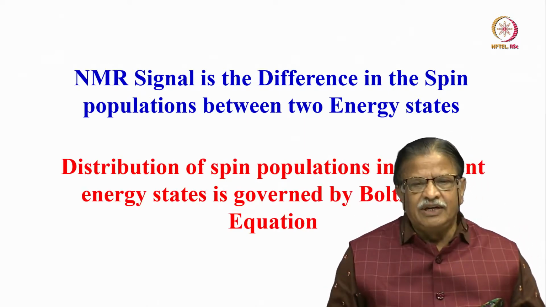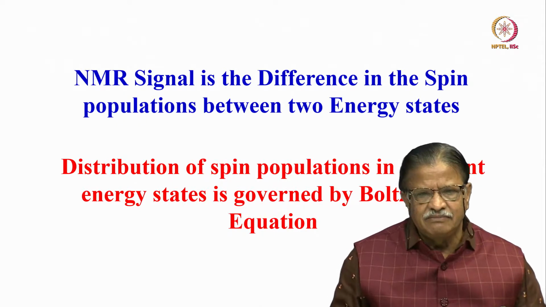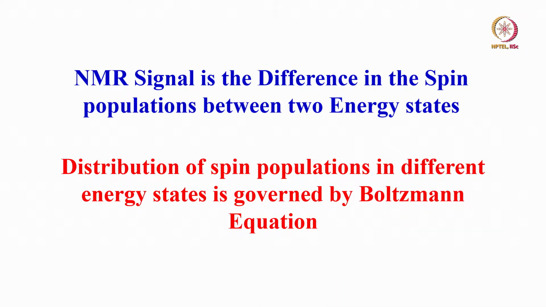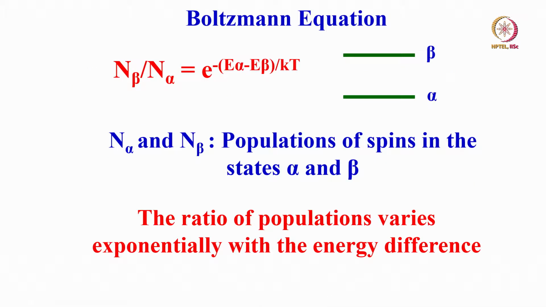Okay. So the distribution of spin population in different energy states is governed by what is called the Boltzmann equation, which is given like this: n beta over n alpha, where beta and alpha are the spin states, and n beta and n alpha are the spin populations in the beta and alpha spin states. This is given by an exponential law, e to the power minus (E beta minus E alpha) over kT.